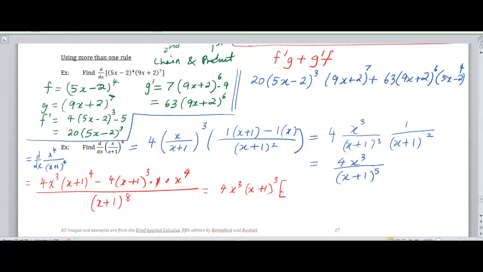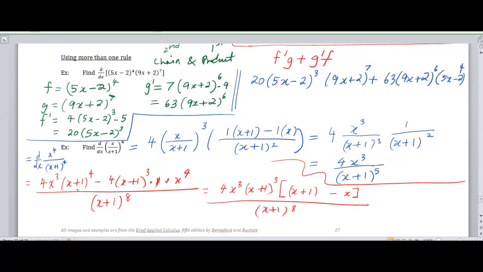Then on the inside I have x plus 1 left on this side, minus an x, divided by x plus 1 to the 8th.